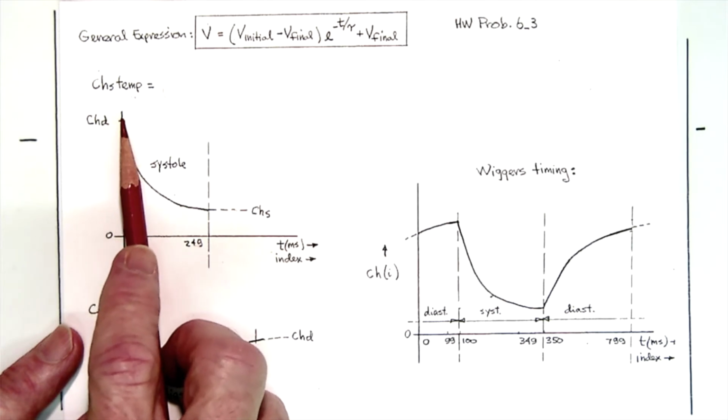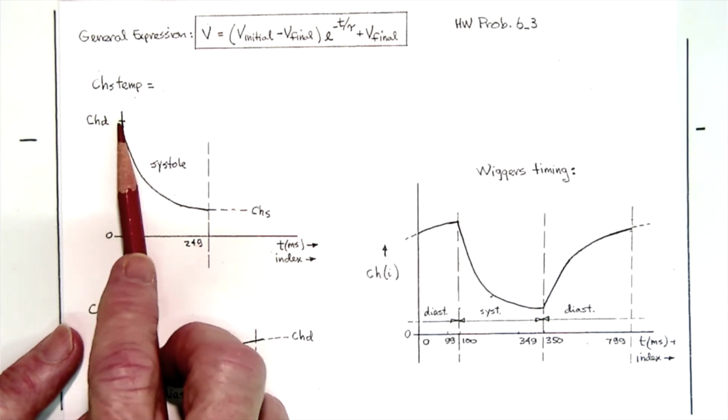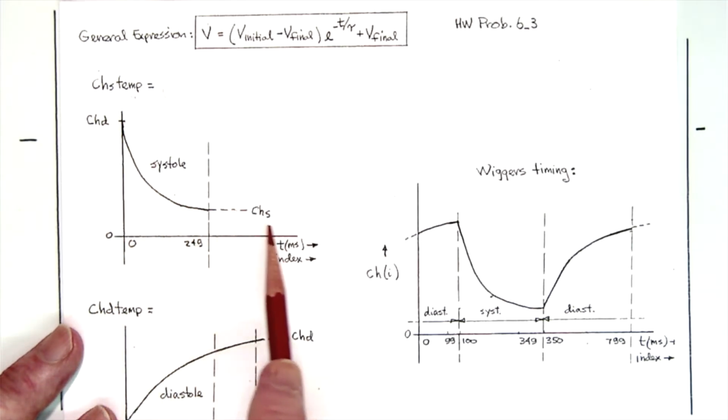So the beginning value, the initial value, is CHD, and it's heading towards the final value, which is the limit CHS.